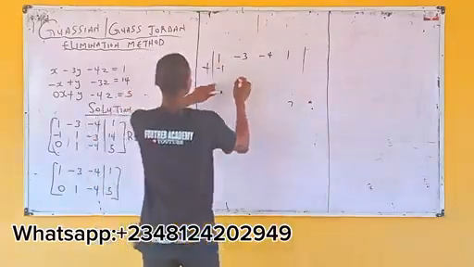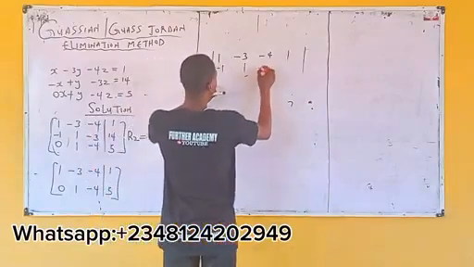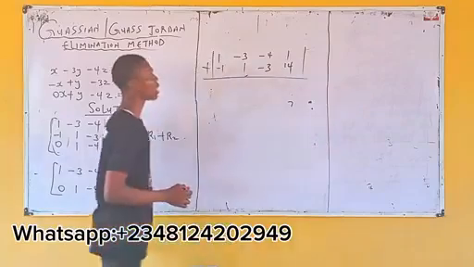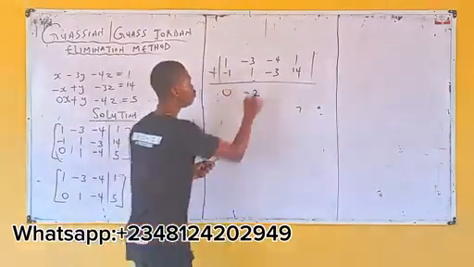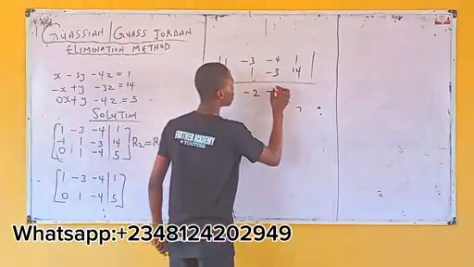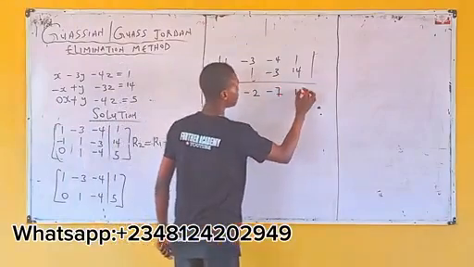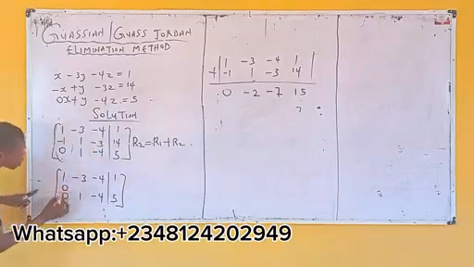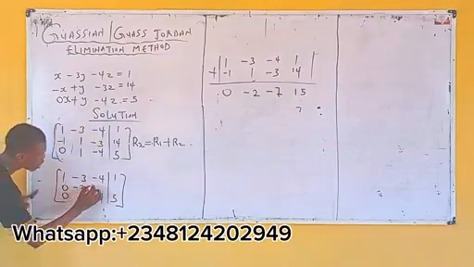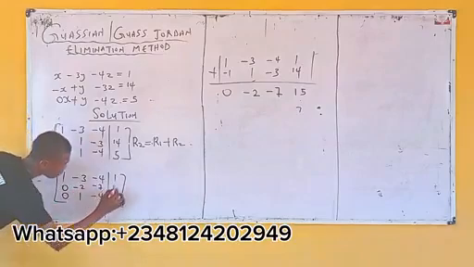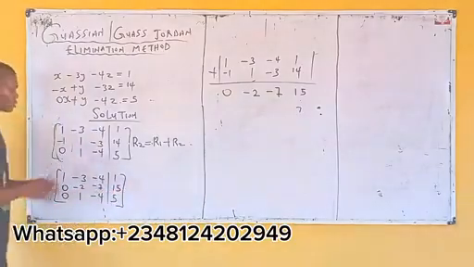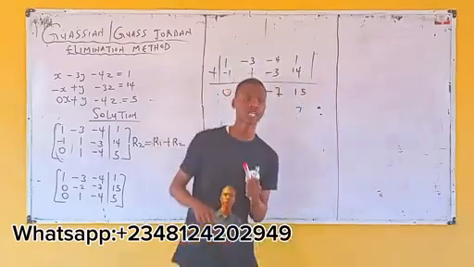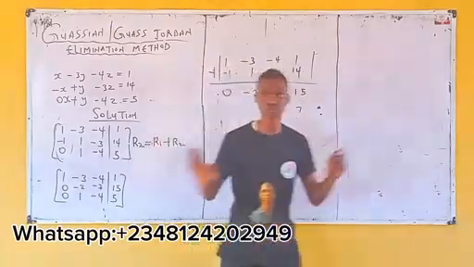Please call the numbers for me. Let's do it together: 1, -3, and 14. All right, let's solve. What do you have? 0, plus 2, this is -7, and this is 15. Meaning your new row 2 is 0, -2, -7, and 15.